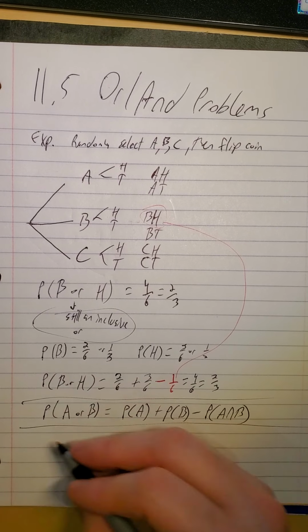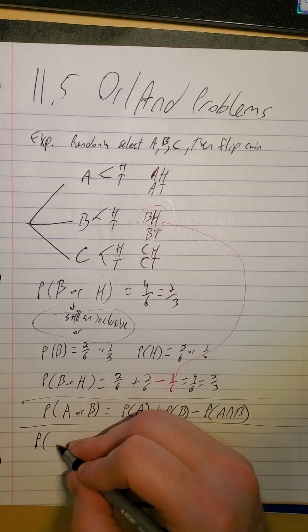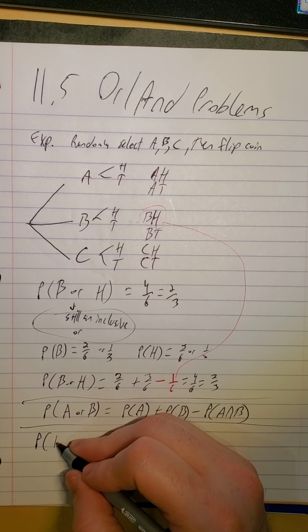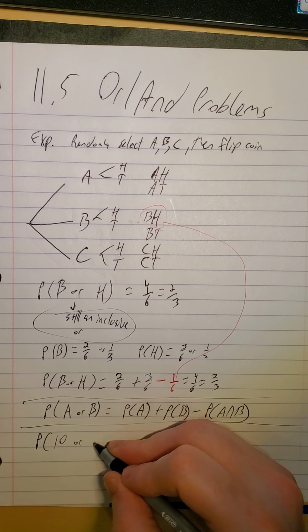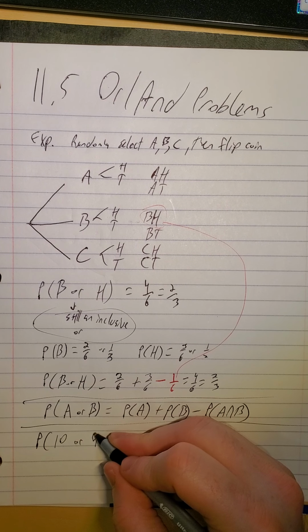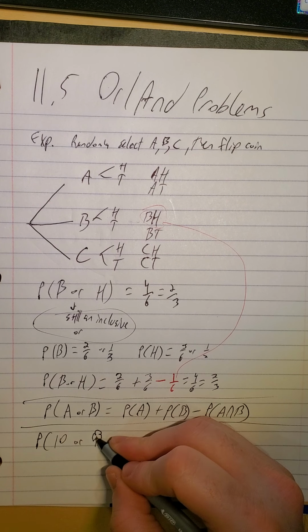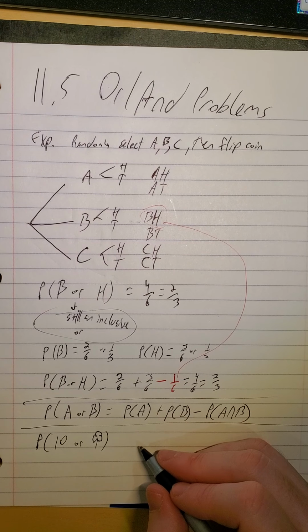So in cards, for example, if I want the probability that I've selected a 10 or a club, we're going to assume that we're drawing 1 card at random.